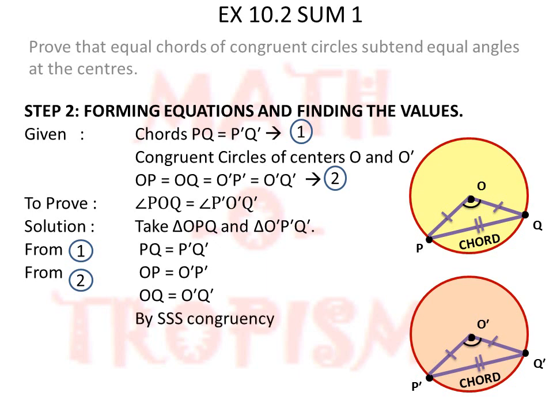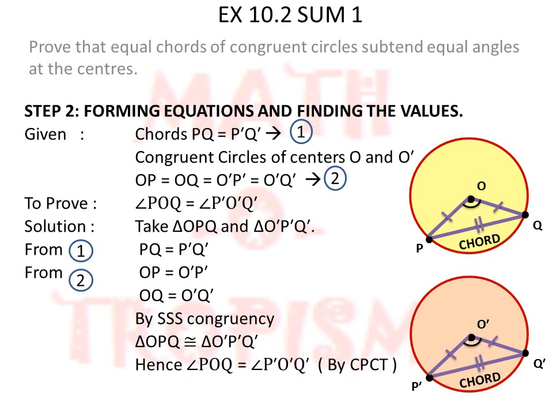So by SSS congruency, triangle OPQ is congruent to triangle O dash P dash Q dash. Hence, by CPCT, that means corresponding parts of congruent triangles, the angles will also be equal. So angle POQ will be equal to angle P dash O dash Q dash. Thus proved.